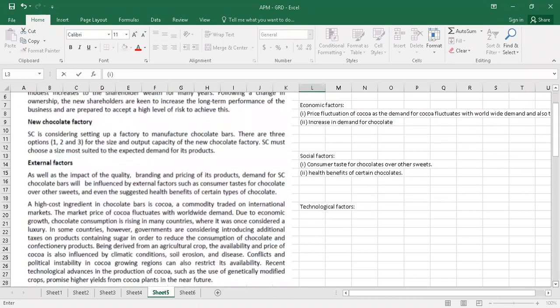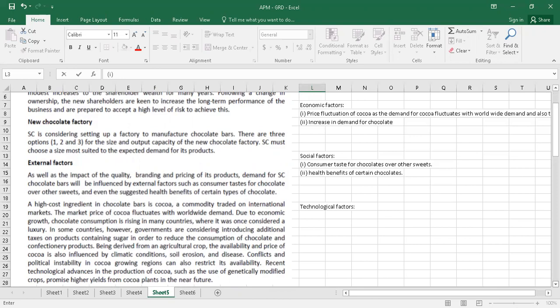Governments are considering introducing additional taxes on products containing sugar in order to reduce the consumption of chocolate and confectionery products. So there is a decision from the government side that they want to reduce the consumption of chocolates. The government also wants people to reduce the consumption of tobacco and alcohol products.